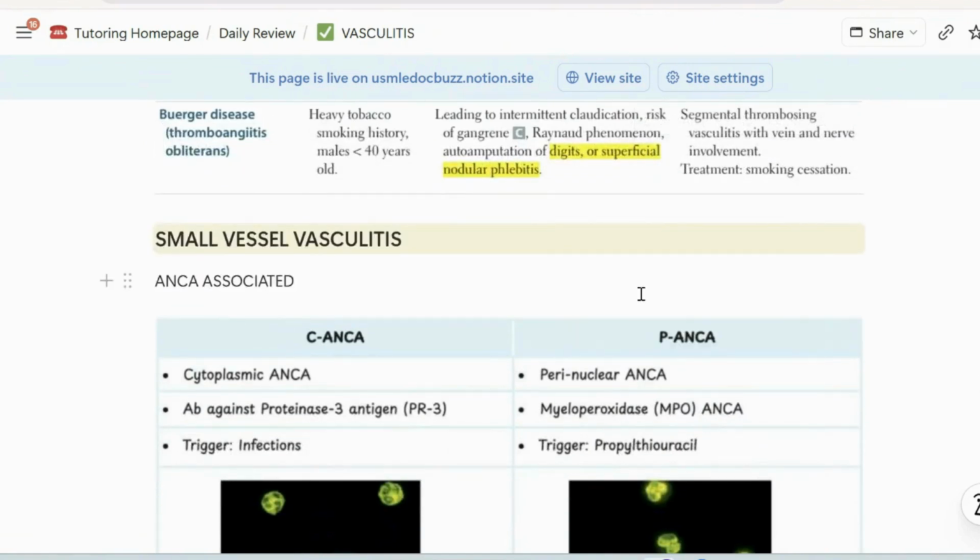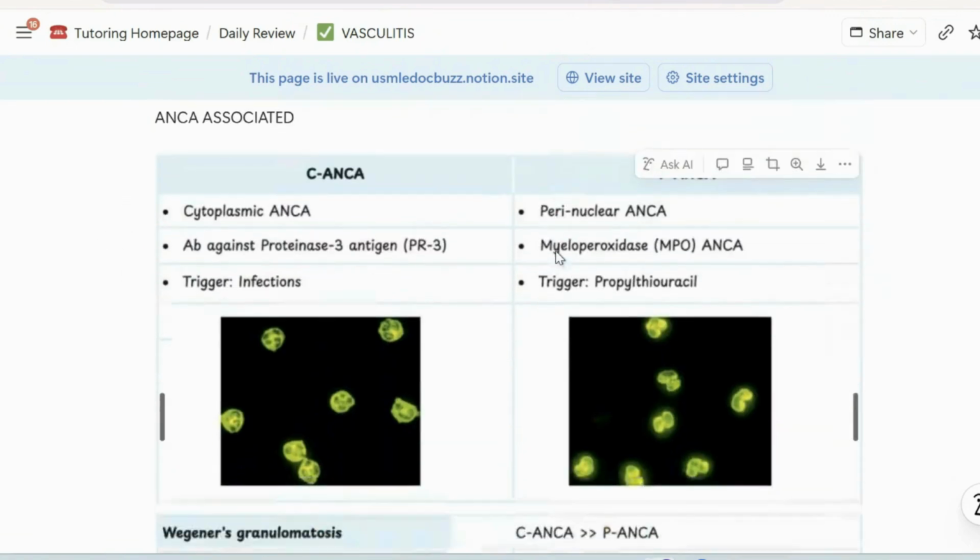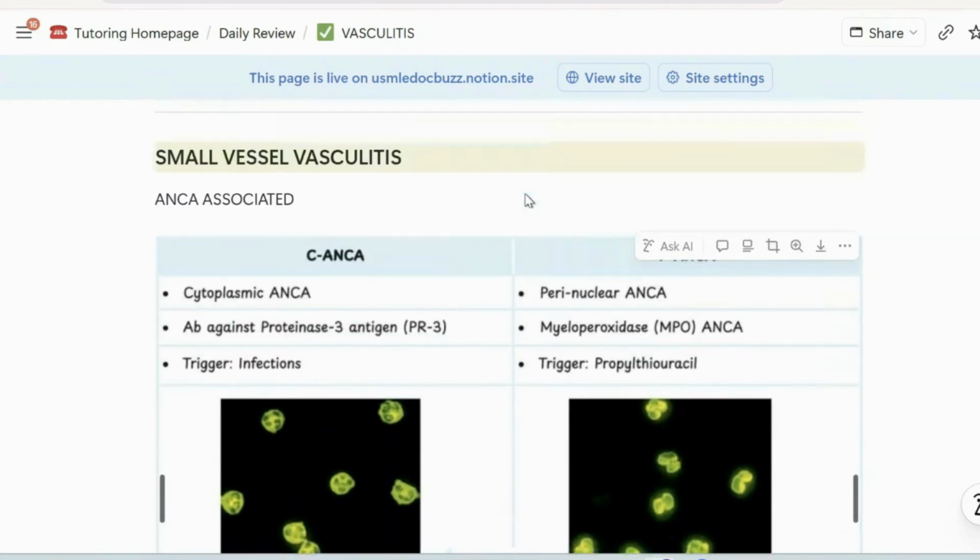Now, next we go into small vessel vasculitis, right? Small vessel vasculitis is divided into two categories. We saw it earlier: ANCA associated and immune complex associated, right? So we have to understand what is ANCA. ANCA stands for anti-neutrophilic cytoplasmic antibody, okay?